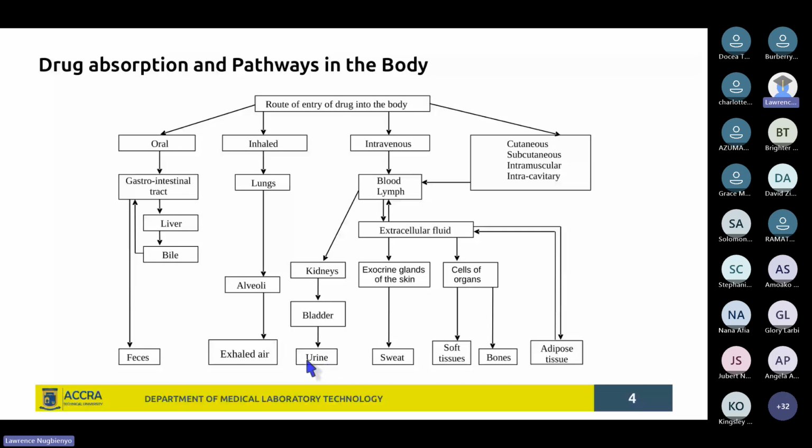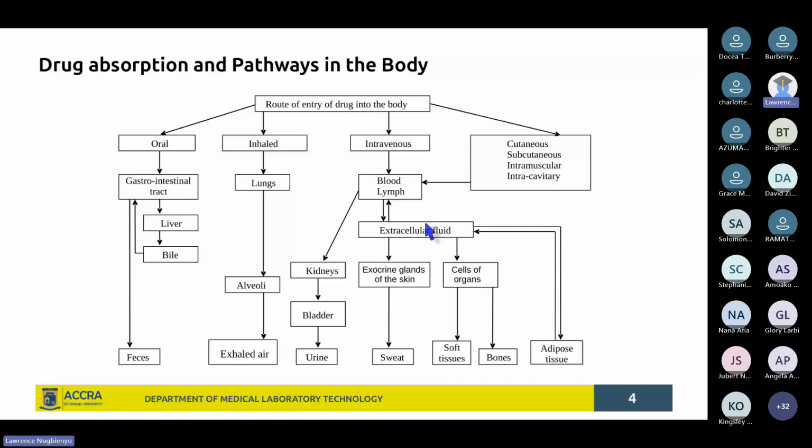You also have the drug in the blood. In the blood, you have cells as well as plasma. And so the extracellular fluid, which is the plasma, is also carrying some of this drug.